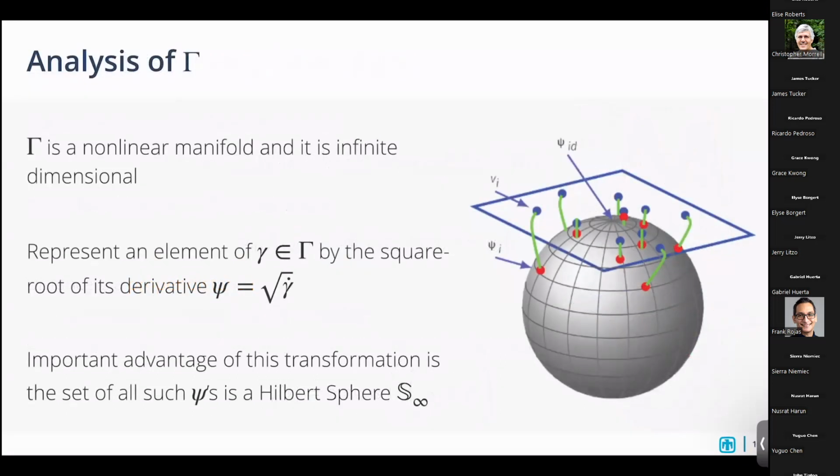Because we know its geometry and it's a Hilbert sphere, we can map these elements, these psi's, onto a tangent space, for example in the diagram shown on the right, which is centered at gamma identity. Even though it's infinite dimensional, it's still a vector space, and we can do analysis here.